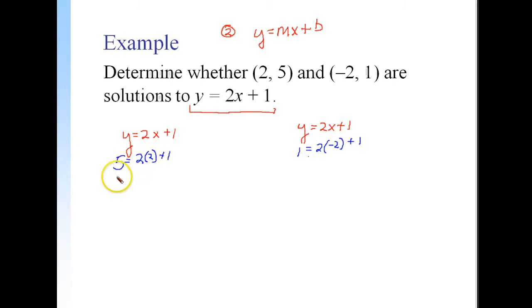So 5 equals 4 plus 1, which is 5. So this is a solution for this equation. That means that ordered pair is a solution for this. Now when we put the negative 2 where the x is and the 1 where the y is, we get 1 equals, this is a negative 4 plus 1, a negative 3. So this one is not a solution.